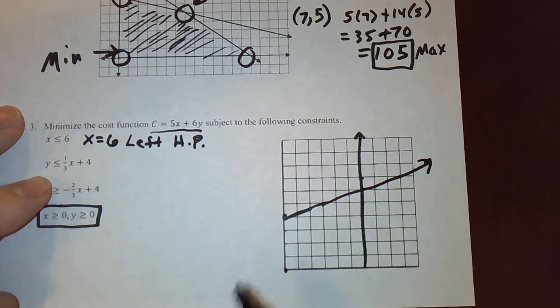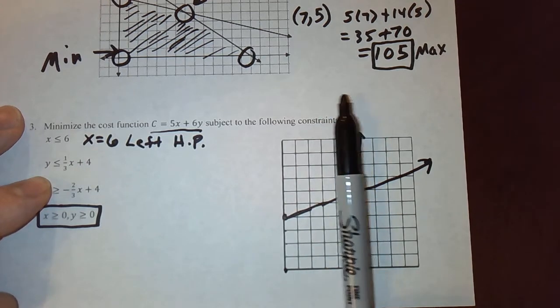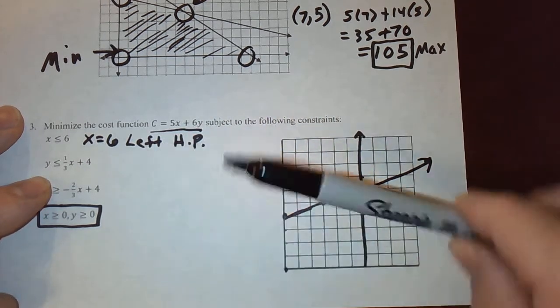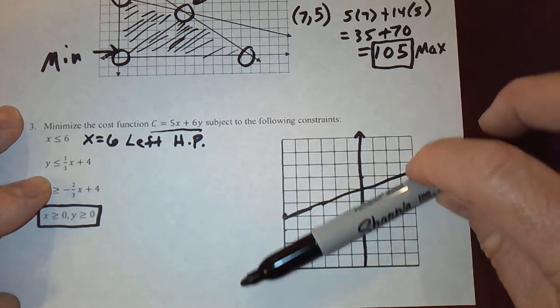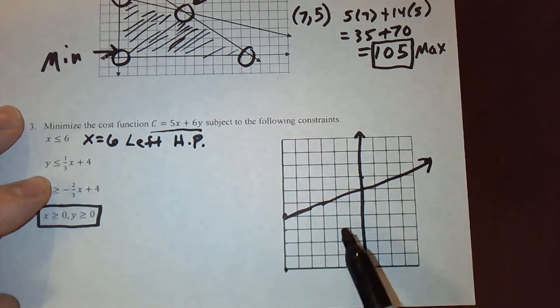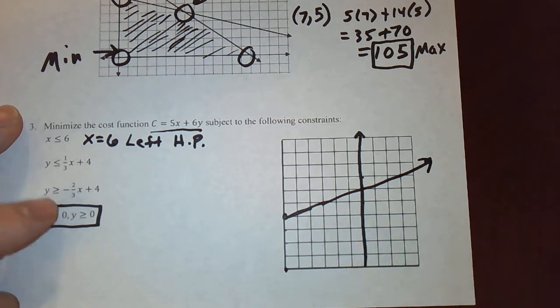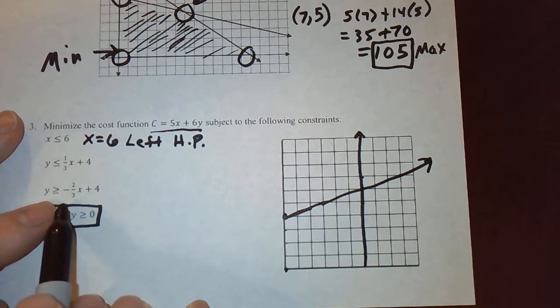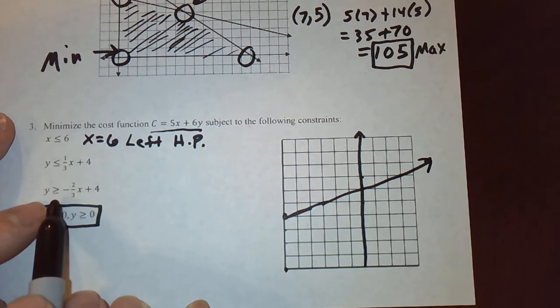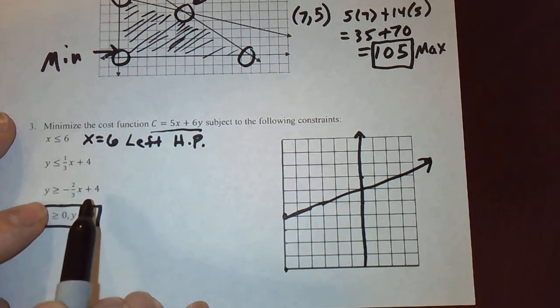And so far, remember, we would shade to the left of this and the lower half plane of this, so below that. So far it looks like it's this region with 4 sides, but we have one more inequality right here. Now this line would be y equals negative 2/3 x plus 4.